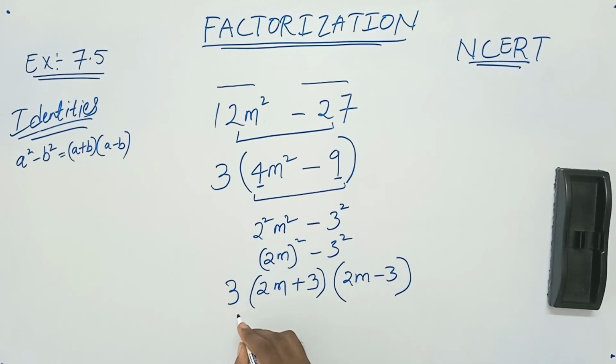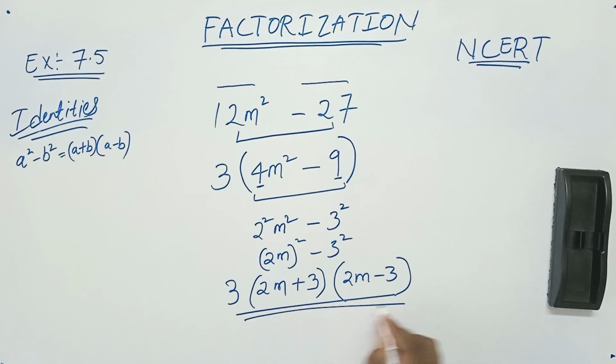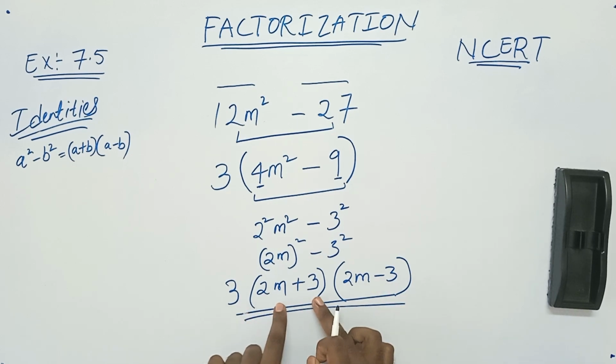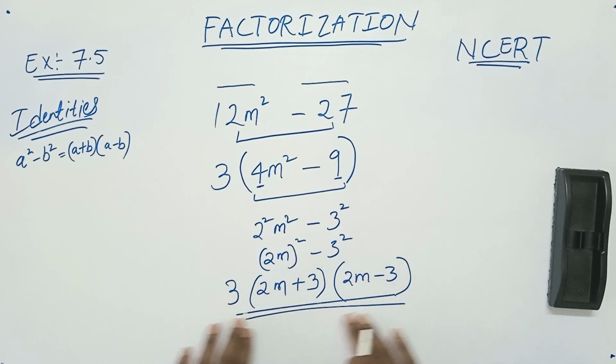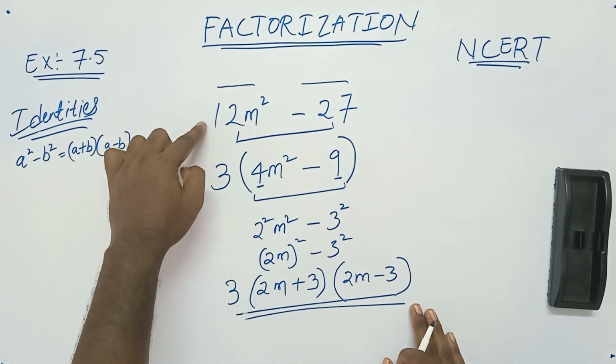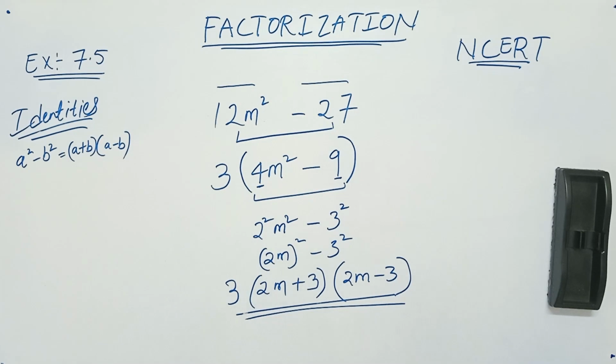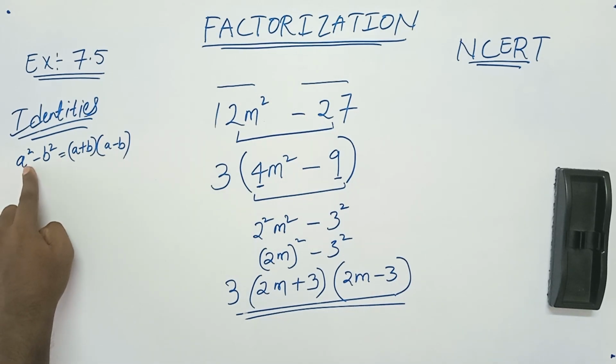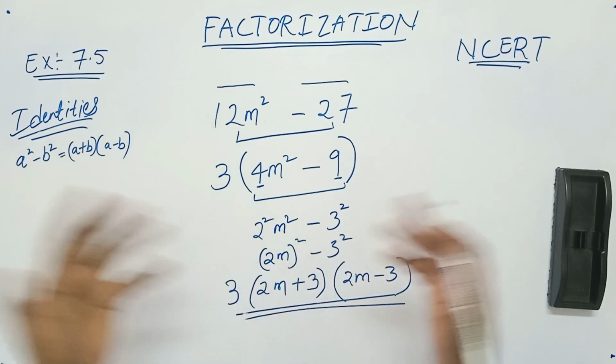So now our answer is, that means our factors are 3, 2m plus 3, 2m minus 3. So we got the product of three factors of this given expression. So this is how we are going to find the factors of a given expression by using the a square minus b square identity and also HCF.